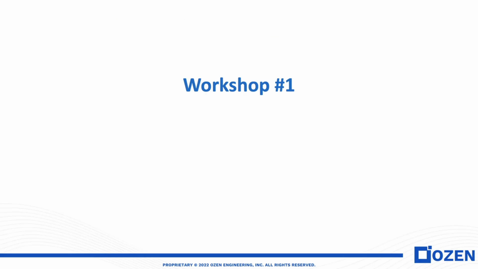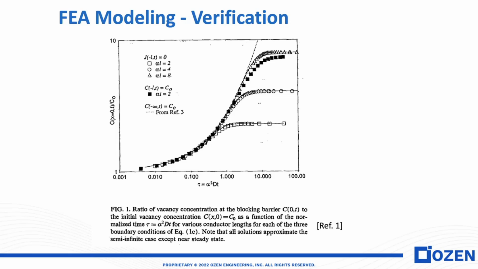So we have a one-day electromigration class, and one of the first workshops we go through is really going through this equation, and we are trying to prove that Ansys can be used to solve this electromigration equation.